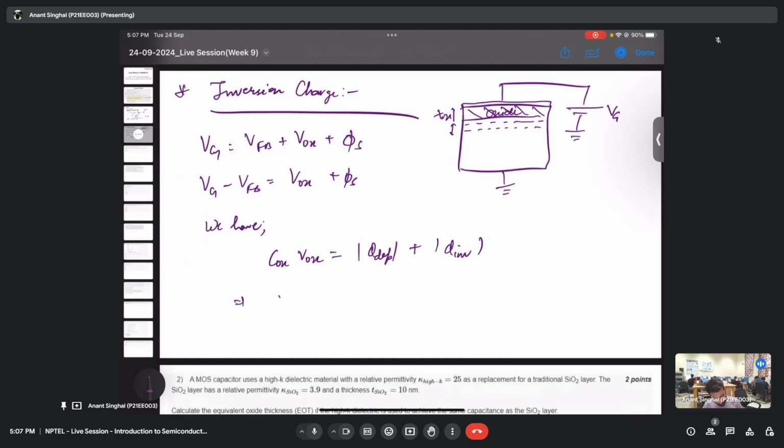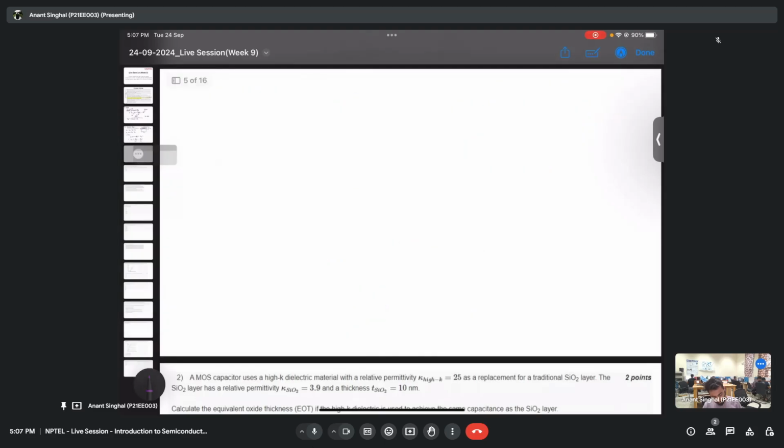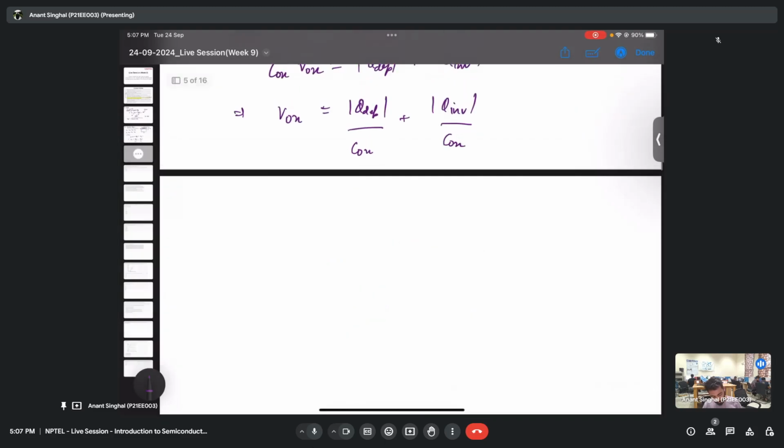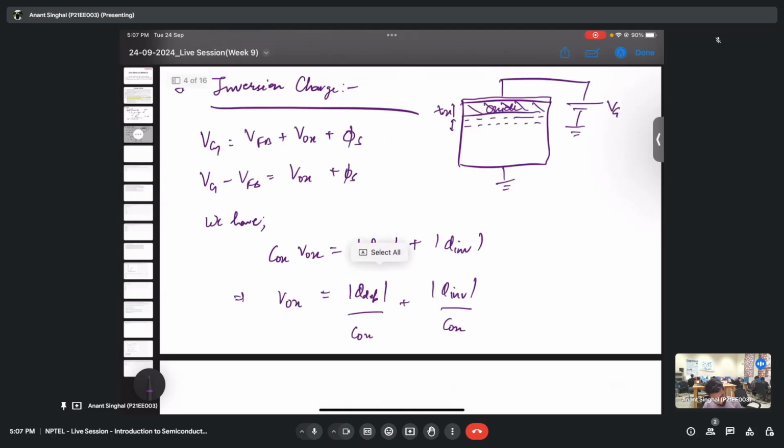So if we have this, I can write Vox as Q depletion over Cox plus Q inversion over Cox. Let's say I'm naming this equation as 1, I'm renaming this equation as 2, and I'm putting 2 in 1.